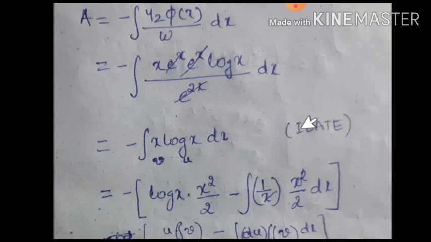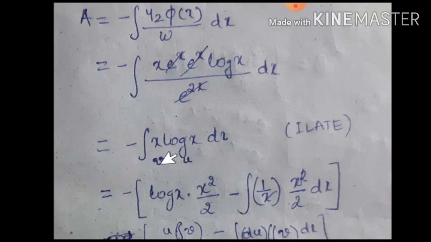I stands for inverse trigonometric, L logarithmic, then algebraic. So L logarithmic comes first, meaning that term we have to take for differentiation. So that is u. Algebraic function comes next to logarithmic, hence that function you have to use for integration. So that we have taken as v.